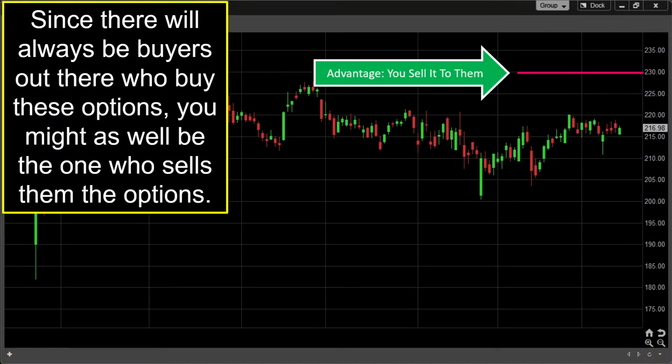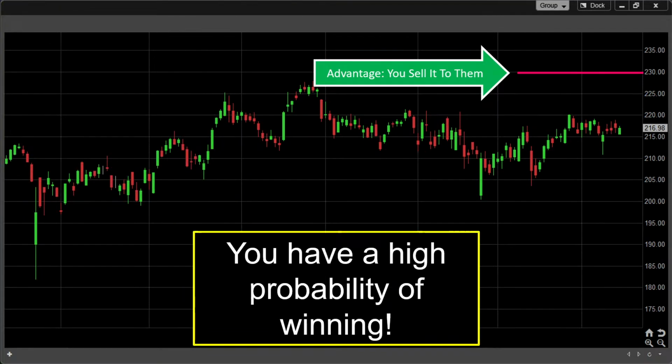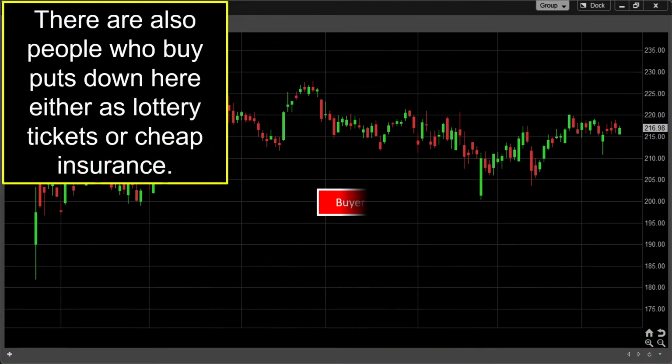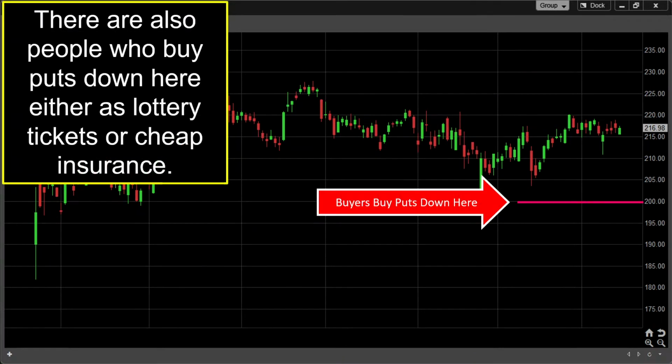You're selling an option that has a low probability of getting hit. So what I'm saying here is, as long as 230 doesn't get hit, you win as a seller, okay? You have a high probability of winning. They have a low probability of winning. Now, the same goes for puts. There are people who buy puts down here, maybe as lottery tickets or maybe cheap insurance for their underlying stock position.